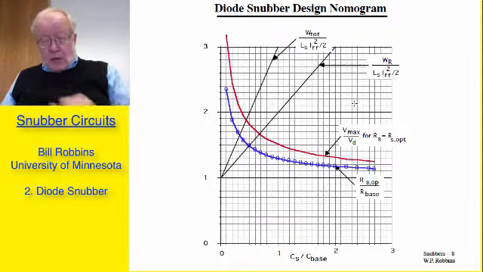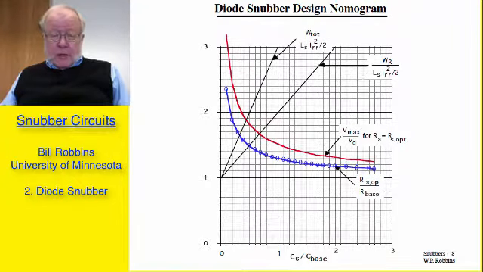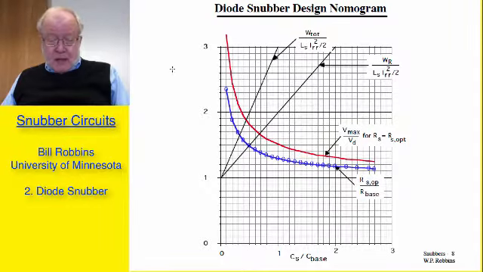I can even go a little bit farther and come up with a design nomogram for the diode snubber. Here I have plotted in red V max over V sub D when Rs is equal to the optimum value. The optimum value of resistance varies according to what CS over C base ratio is, and that's this blue curve that I'm showing here.